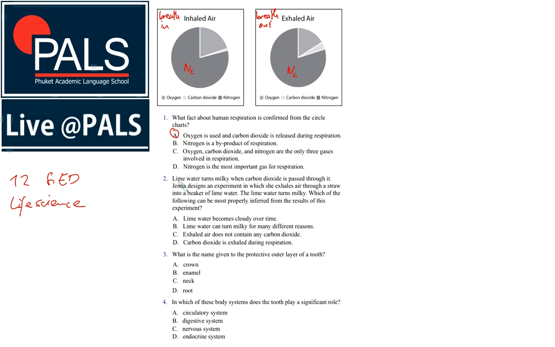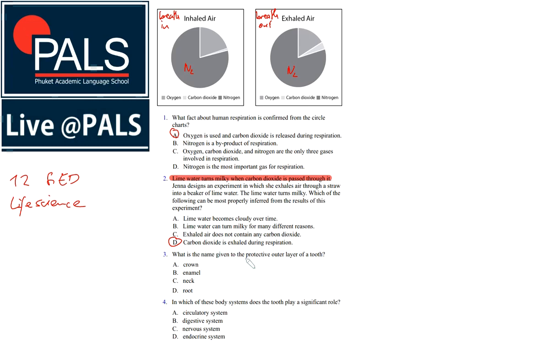Since exhaled air contains a significant amount more carbon dioxide than the air around us, if we breathe out through lime water, the lime water will react with the carbon dioxide and turn cloudy. So the correct answer is D. Carbon dioxide is exhaled during respiration, and that's why the lime water turns cloudy.